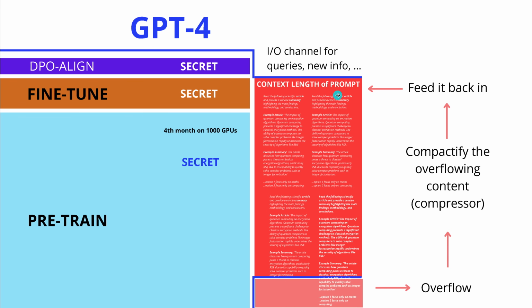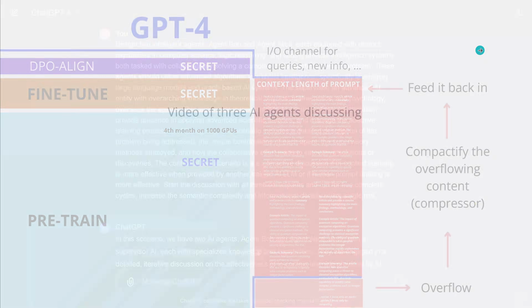Let's say one sentence has about 20 words, and each word has about 2 to 3 tokens. So you can calculate how much information you can insert in this limited context length before the information is overflowing and not available anymore to the system. This is the limitation whenever we talk about the context length of prompts.